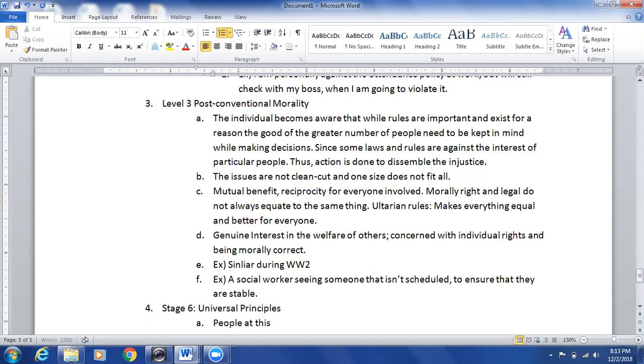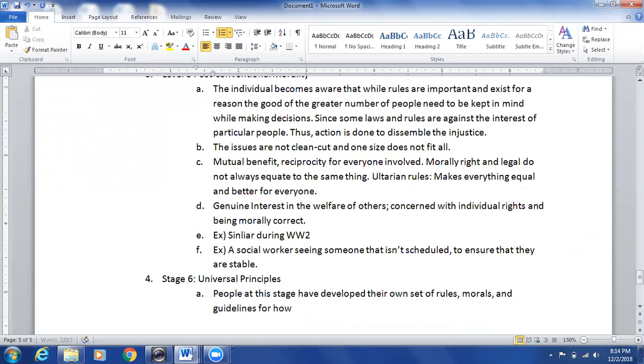People at this stage have developed their own set of rules, morals, and guidelines for how things should look for society. And this may or may not align with the law.